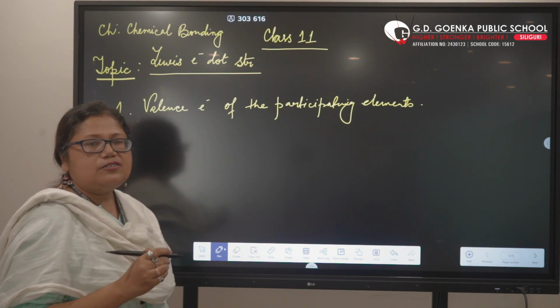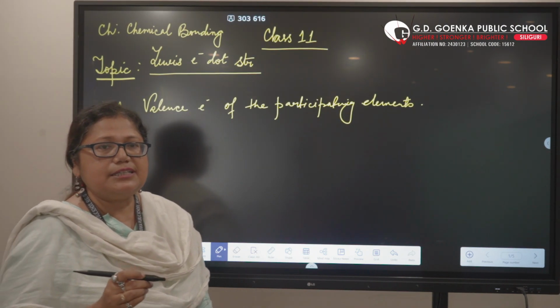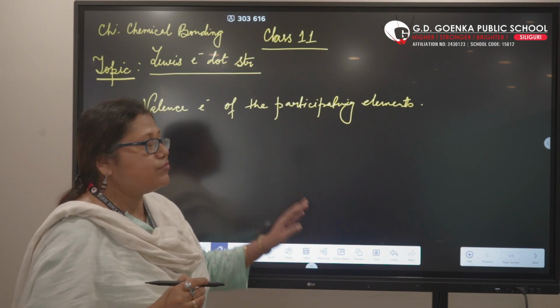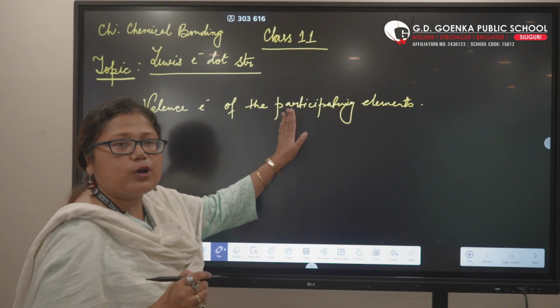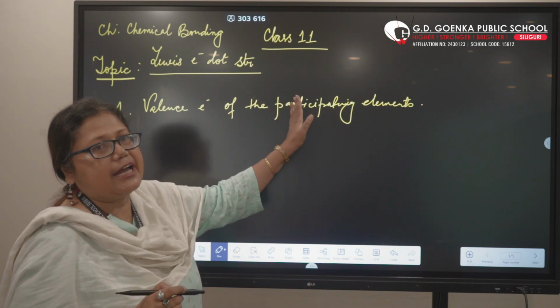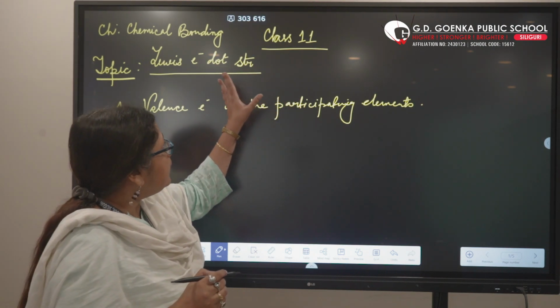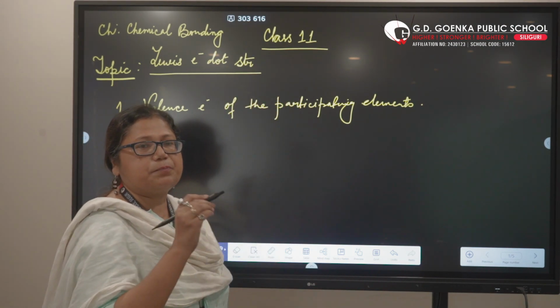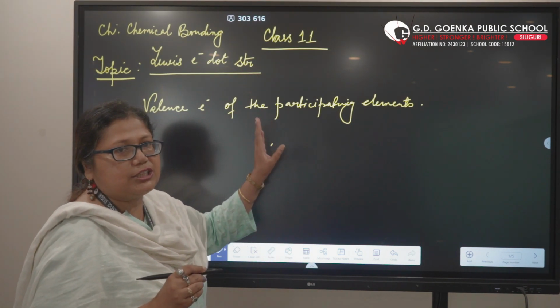That is, we are not interested in the number of electrons present in the inner shells. Our focus will be only on the number of valence electrons of all the combining atoms, right? So while drawing the Lewis dot structure, we are representing only the valence shell electrons.